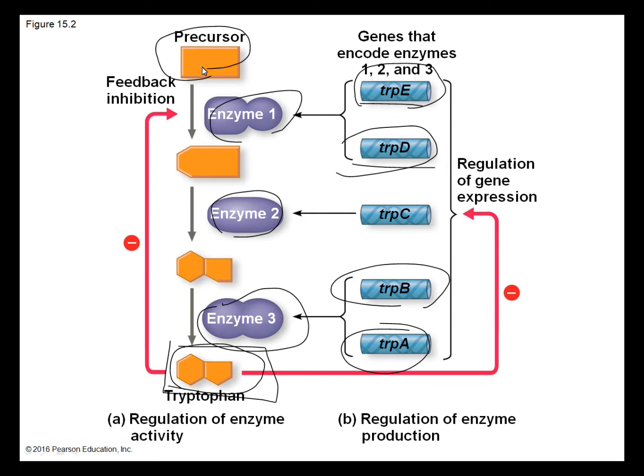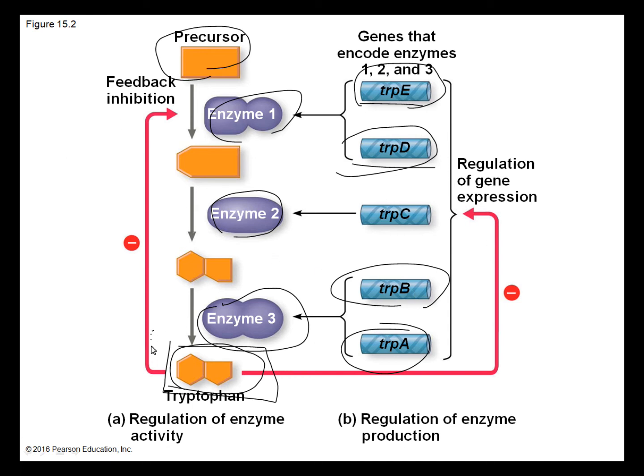If you have the pathway that produces tryptophan, you need to transcribe these genes from the DNA to RNA, and it gets translated into the enzyme. This is the gene regulation of expression.